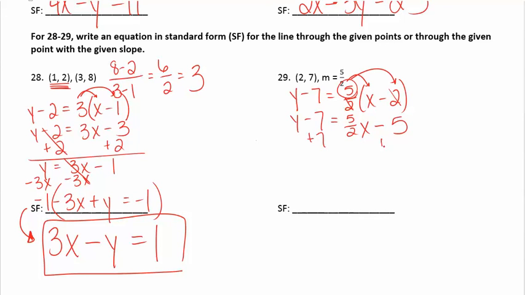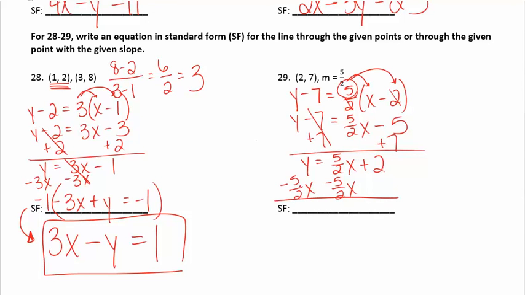So add 7 to both sides. We get y equals 5 halves x plus 2. I'm going to subtract the 5 halves x to the other side to get negative 5 halves x plus y equals 2.